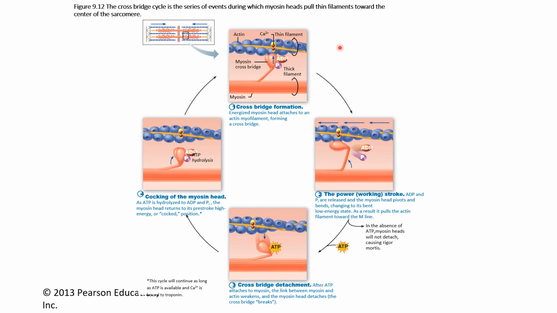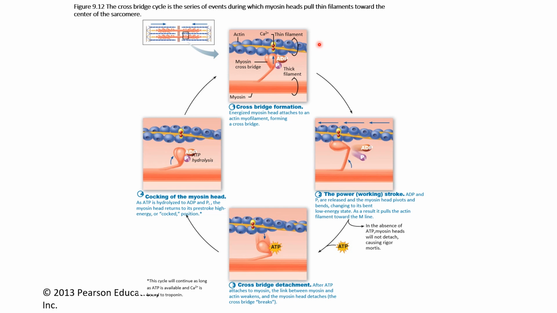So right here, let's zoom in to explain what's going to happen with our cross-bridge cycle. We already talked about the anatomy of our actin filaments in the previous skeletal muscle video. We said that our actin filaments have subunits, and those subunits have active sites.